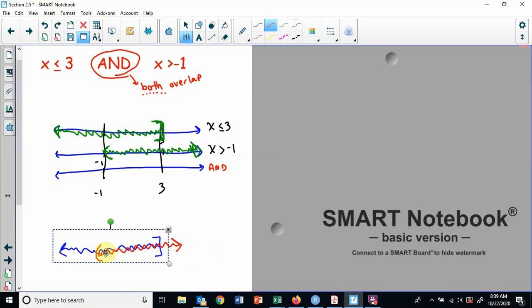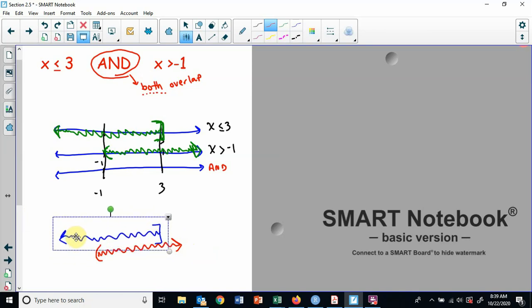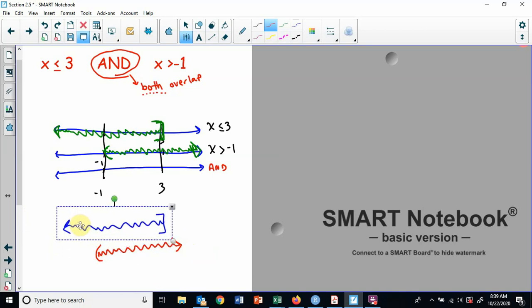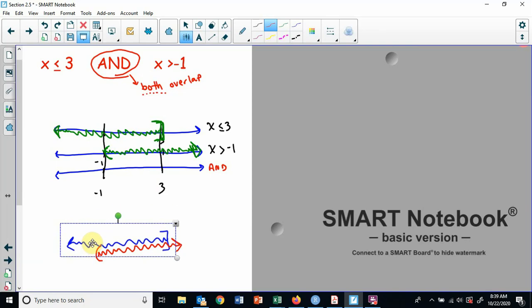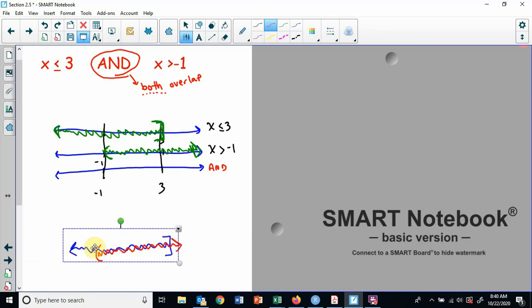they overlap at? Do you see that? Where do they overlap? Where is green and blue happening? Oh, in between -1 and 3. So that is an and: where is overlap happening? Now you can't actually take your line on your paper and squish it down like this. So we visually just say, okay, if we were to smush this down, where do they overlap?